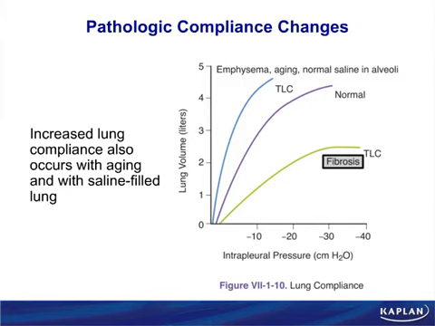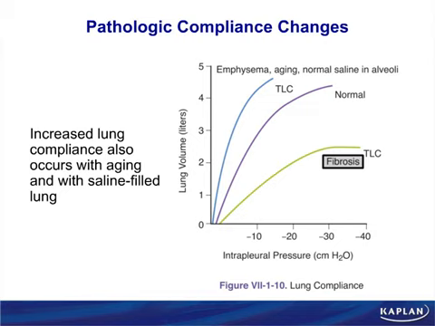This is very similar to the idea of restrictive cardiomyopathy. It's difficult to fill a ventricle in restrictive cardiomyopathy, only that's blood. Well, same concept here. In restrictive pulmonary diseases, it is difficult to fill the lungs with air. So they're going to be characterized by reduced compliance or increased recoil.